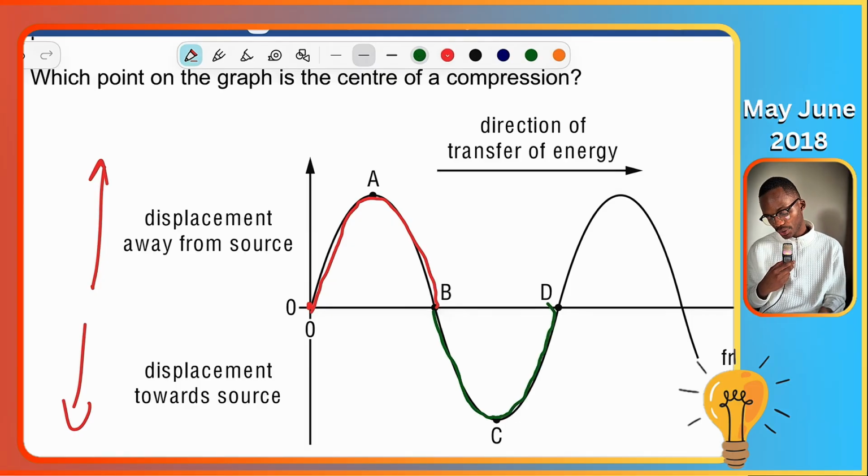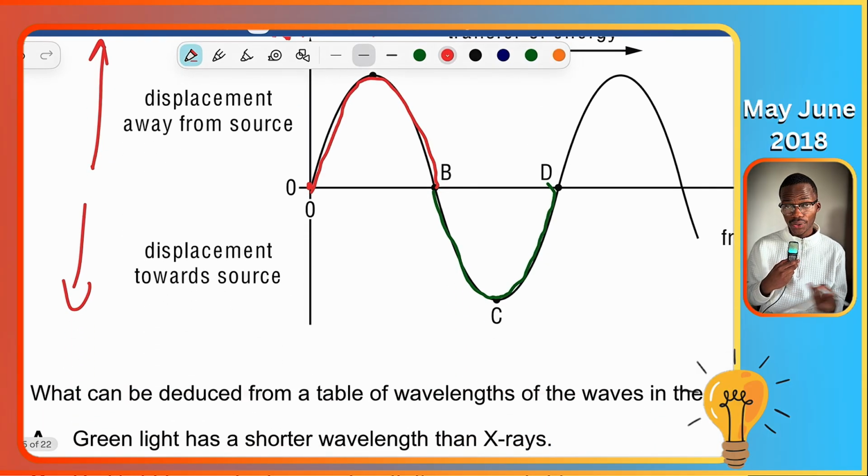So you have all these particles moving away. Let's say the source is here and it's producing sound. If you have particles moving away, they're like, we don't want to be close. Then if you're here, you have particles moving towards the source.